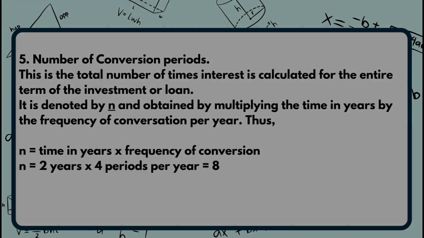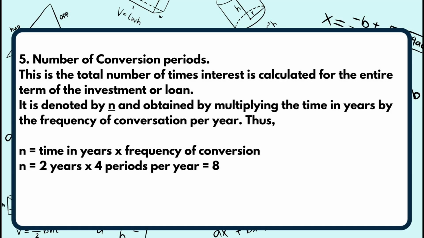Number 5. Number of conversion periods. This is the total number of times interest is calculated for the entire term of investment or loan. It is denoted by n and obtained by multiplying the time in years by the frequency of conversion per year. Thus, n is equal to time in years times frequency of conversion.